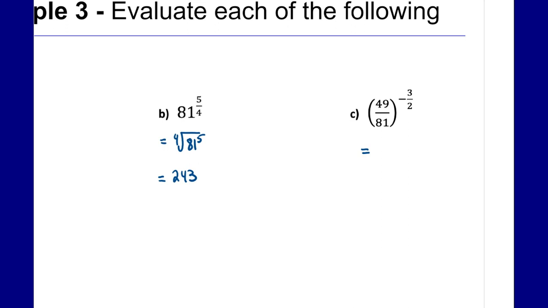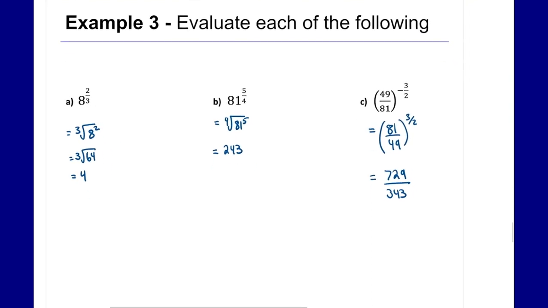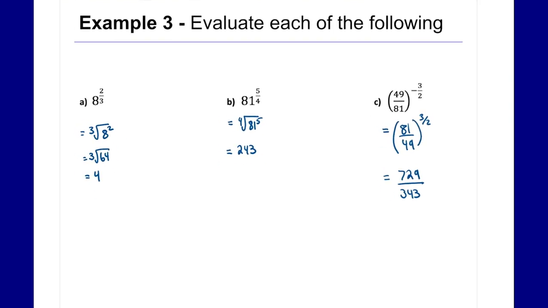We want positive exponents, so I need to flip my base. So 81 over 49 to the power of 3 over 2. That power of 3 over 2 applies to both parts, and we should get 729 over 343. So again, this is just about getting comfortable entering this into our calculators, converting it, writing it in different ways if we need to. Nothing too fancy in terms of the actual calculation, because all we're being asked to do is evaluate.